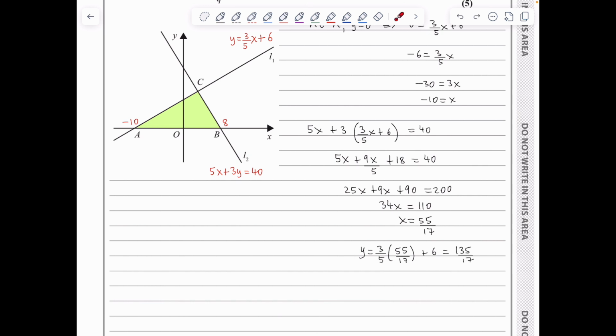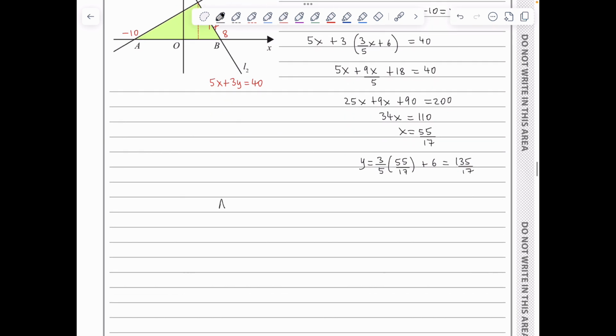So going on the diagram here, the y coordinate of C is the height of the triangle, which is 135 over 17, and therefore we know that to find the area of the triangle ABC, I'll be multiplying base with height and dividing by 2. Now the base is 10 plus 8, the height is 135 over 17, and I divide by 2.